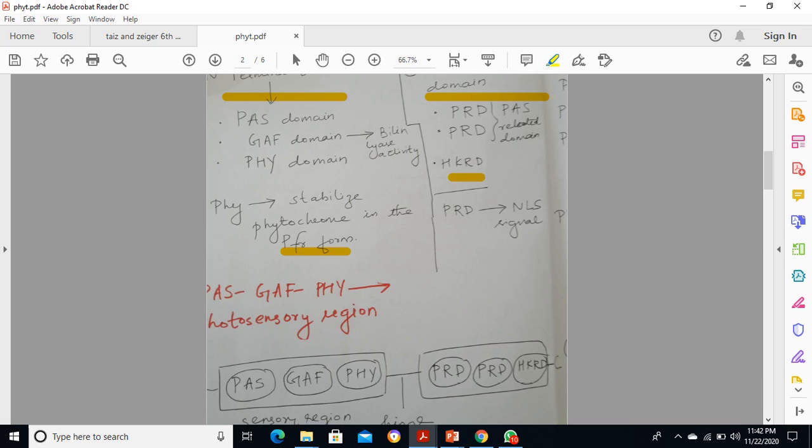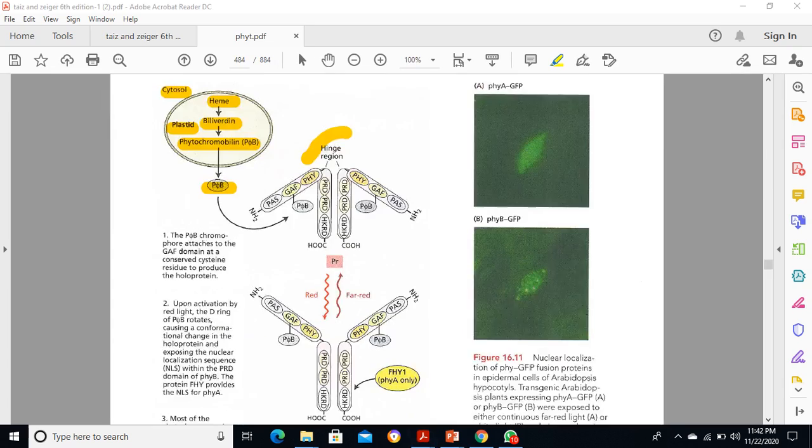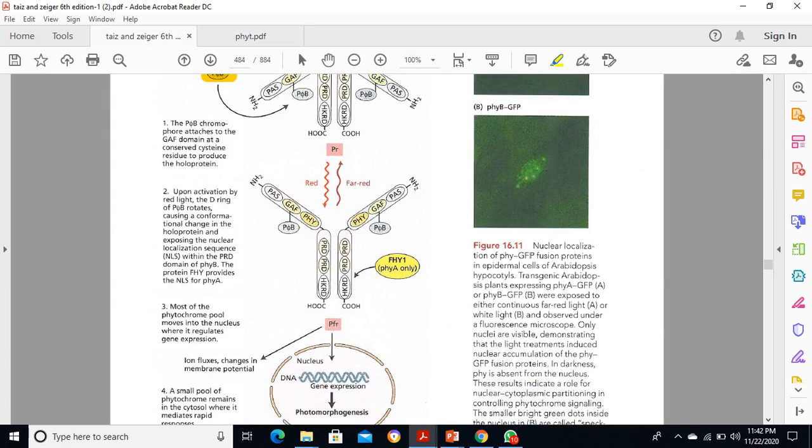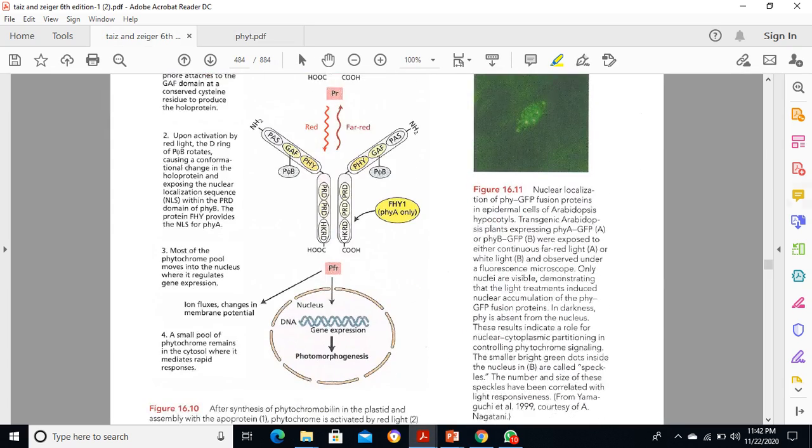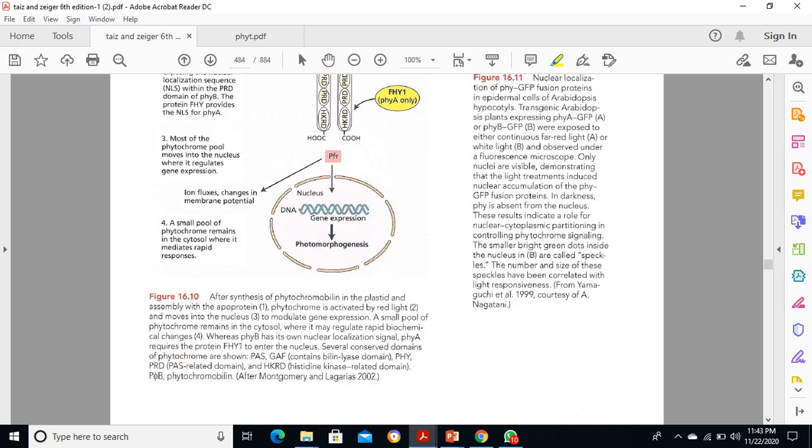Okay, so what is the purpose of this NLS signal? As I said, these photoreceptors or phytochromes absorb sunlight as a signal and mediate certain responses, isn't it? So for mediating certain responses, they have to transcribe certain genes.